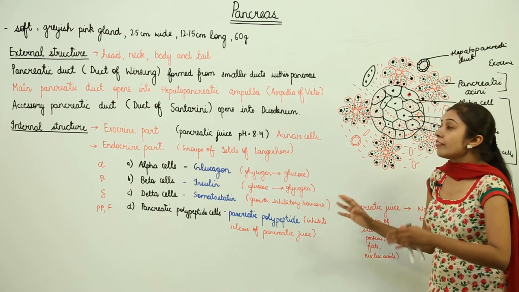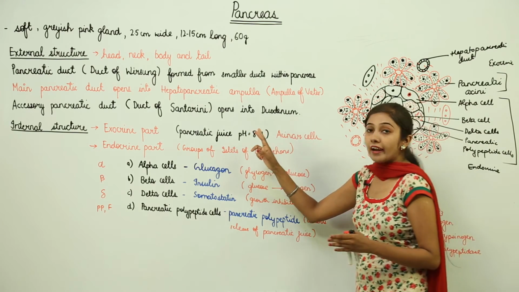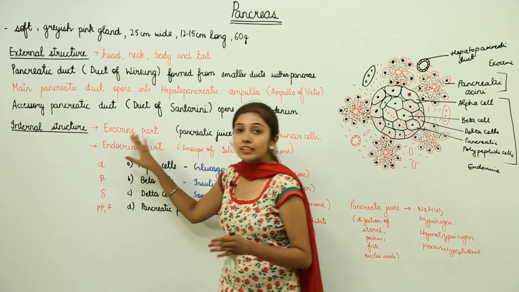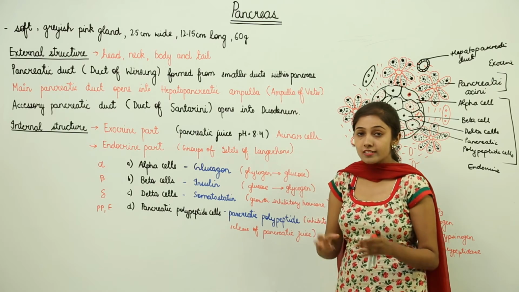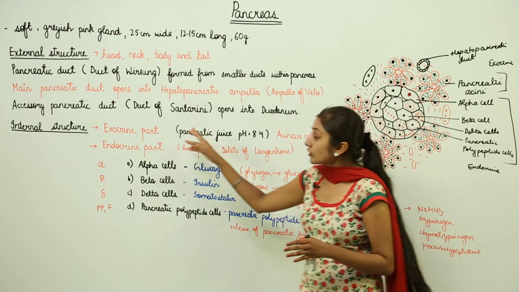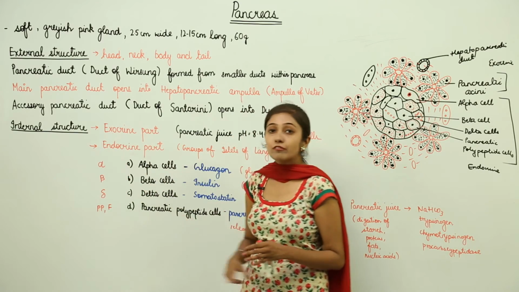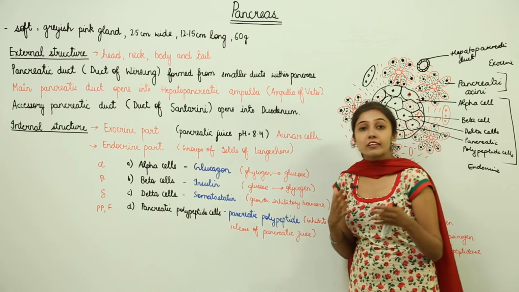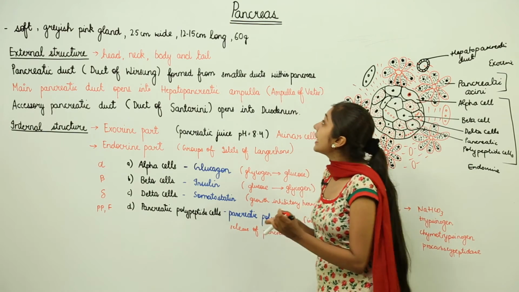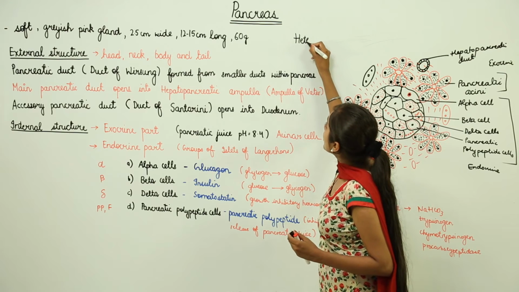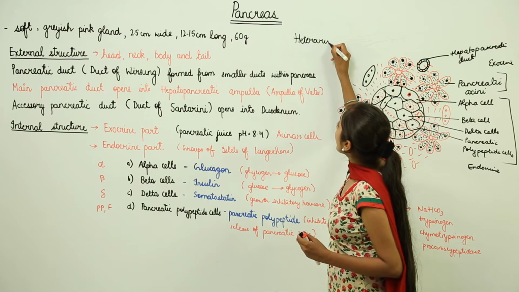So overall, we have discussed the exocrine part and the endocrine part. It releases the pancreatic juice directly through the hepatopancreatic duct into the duodenum. It also has an endocrine part which releases these hormones. So this pancreas is also known as a heterocrine gland. Why?